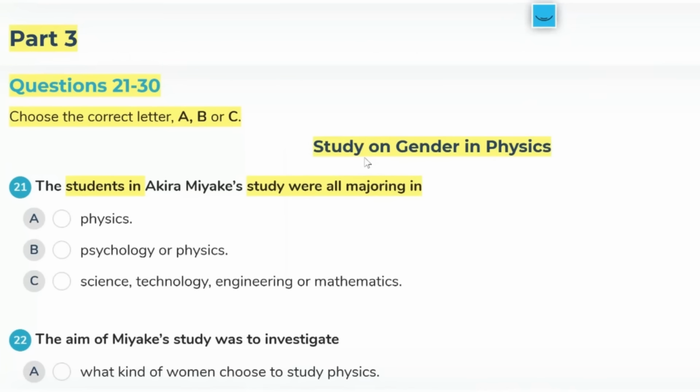If they say some of them were majoring in physics, that is not our answer. If they say all of them were majoring in psychology or physics, so B will be our answer. So we need to see all of them were majoring, like their major subject for all of them. Out of three options: physics, or psychology, or science, technology, engineering or mathematics.